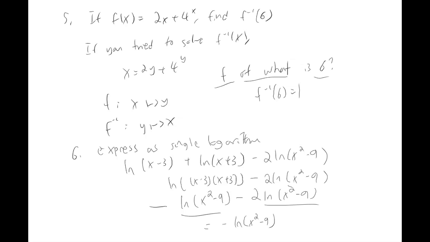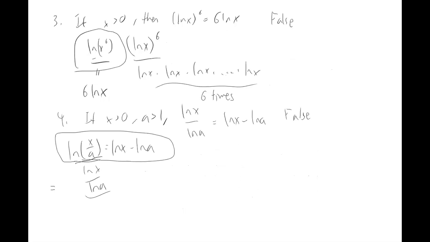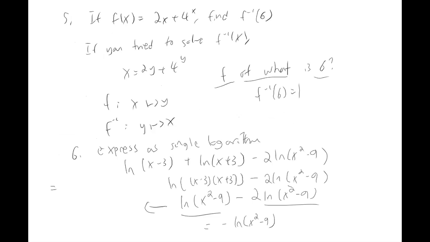Another way to do this: remember, I can also do it by using this rule, except I'm going backwards again. A number times ln of whatever, you could raise that number to the power. So I can say this is ln of x squared minus 9 minus ln of x squared minus 9 squared, where the square is of course on the inside.